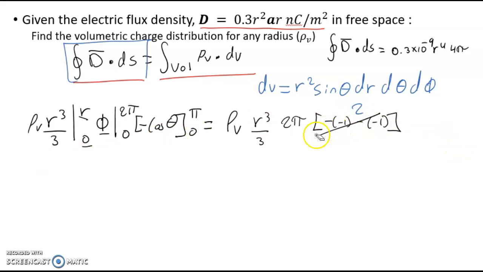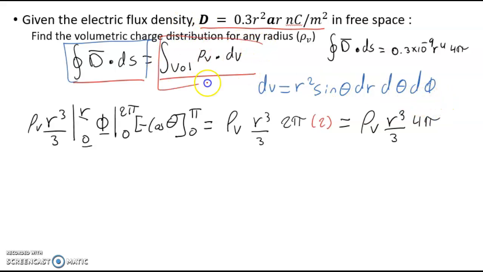So we erase this part and we just add times 2. We can agree that rho v times radius cubed over 3 times 4 pi is going to be the answer for this integral.